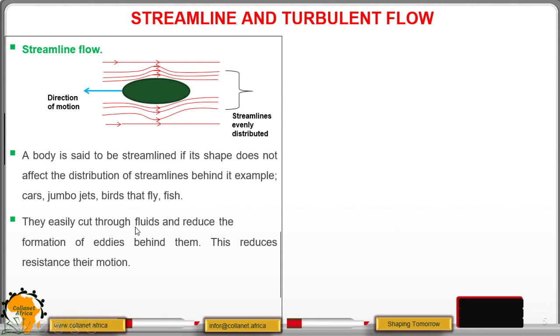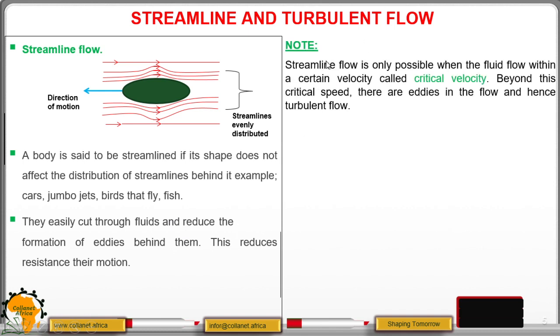They easily cut through the fluids, as you can see here. Therefore, there is reduced formation of eddy currents behind them. We are going to see later on what eddy currents are. This reduces resistance as they move, so they move steadily.